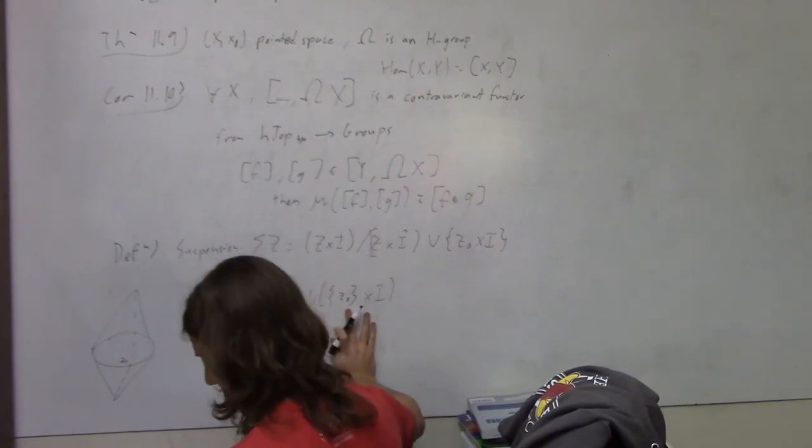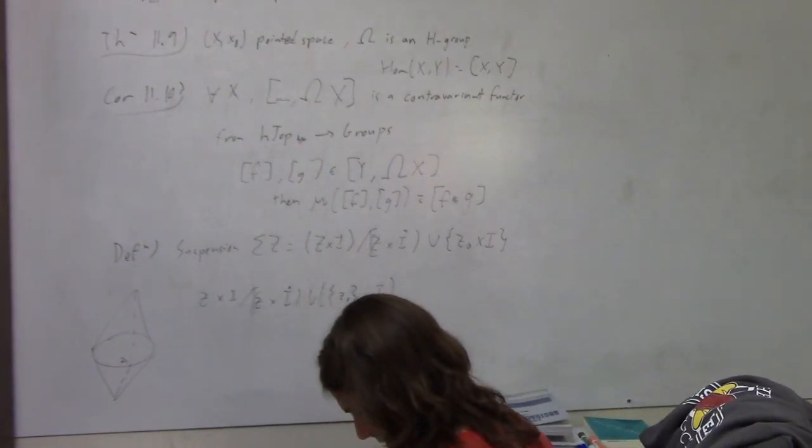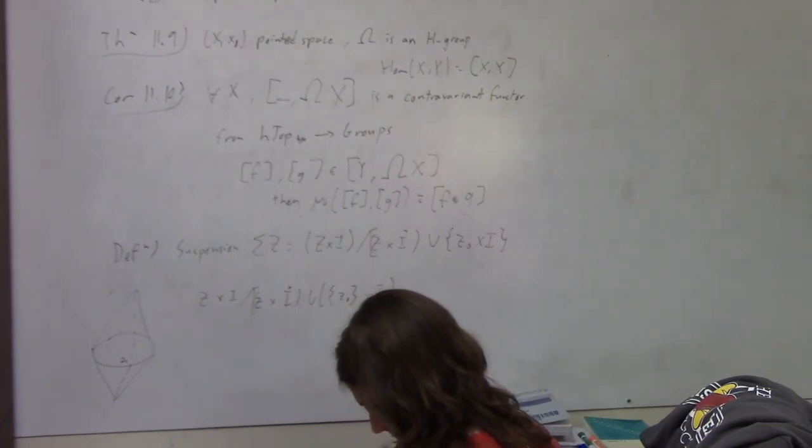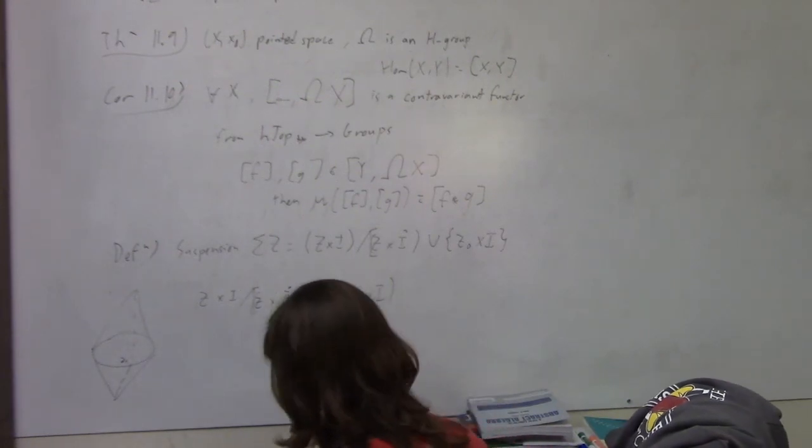So it's going to be squished onto one point as well. Okay. And another theorem is that the suspension defines a functor from H sub star to H sub star.